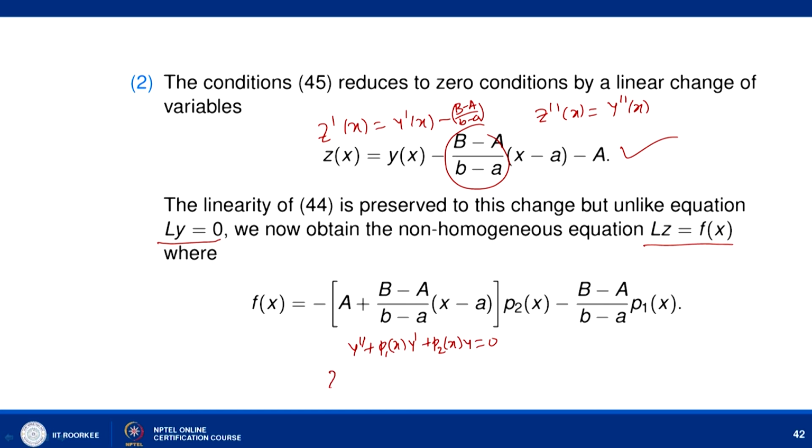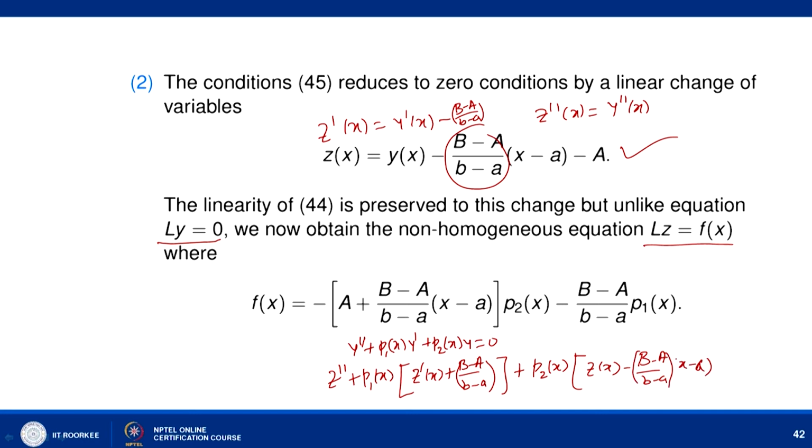So, y double dash is z double dash, plus p1 x. Now, y dash is basically this, so it is z dash plus (capital B minus capital A) upon (small b minus small a), plus p2 x, and y is basically this: z of x plus (capital B minus capital A) upon (small b minus small a) times (x minus a) plus capital A, equal to 0.